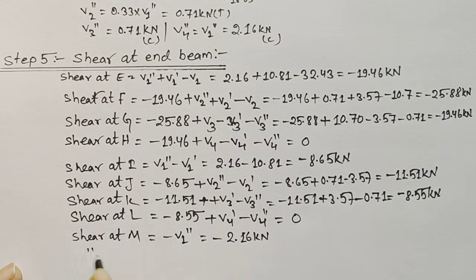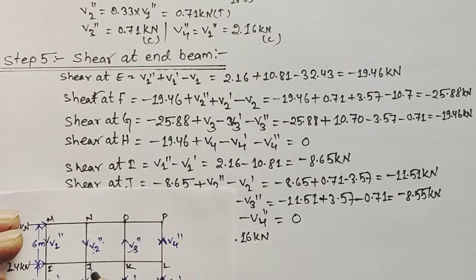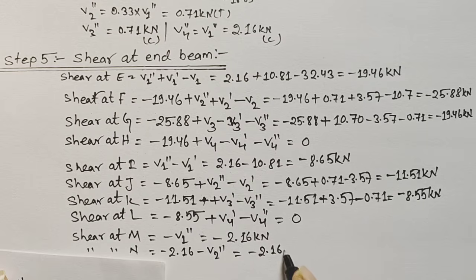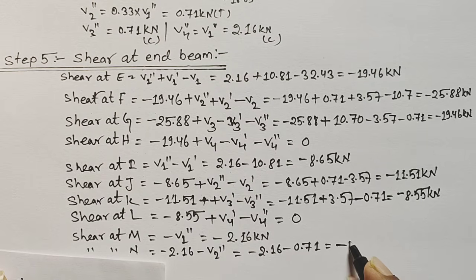Similarly, shear at N equals to minus 2.16 and V2 is also moving away, so minus V2 double dash, which will be equals to minus 2.16 minus 0.71 equals to minus 2.87 kilonewton.